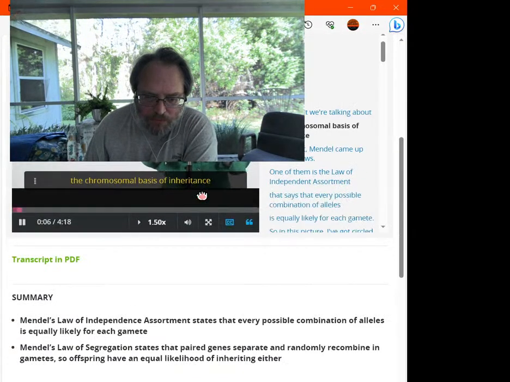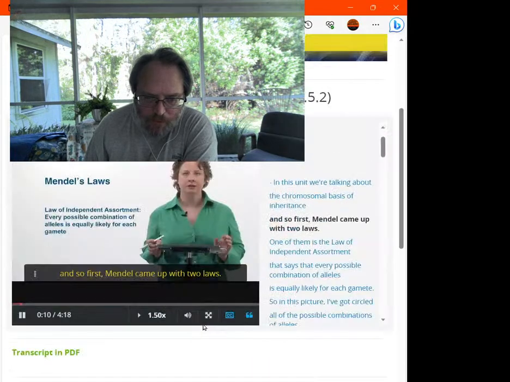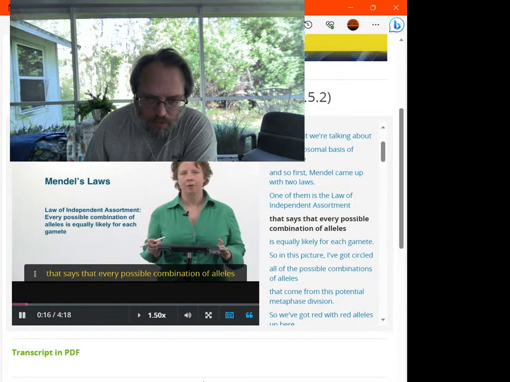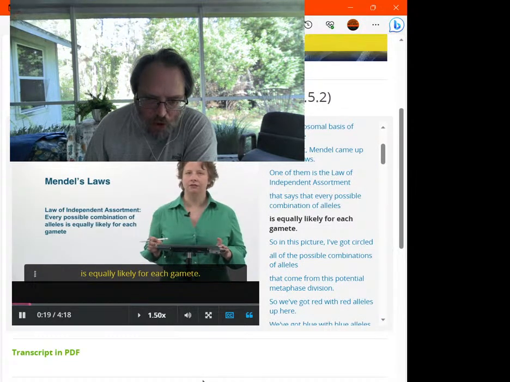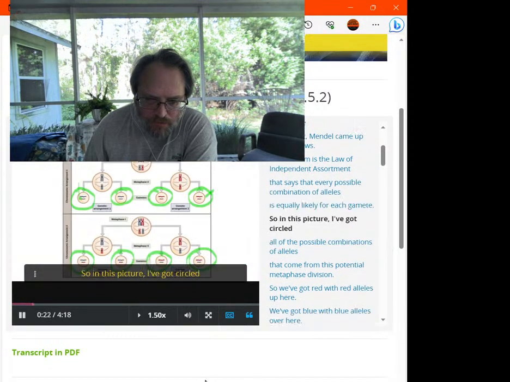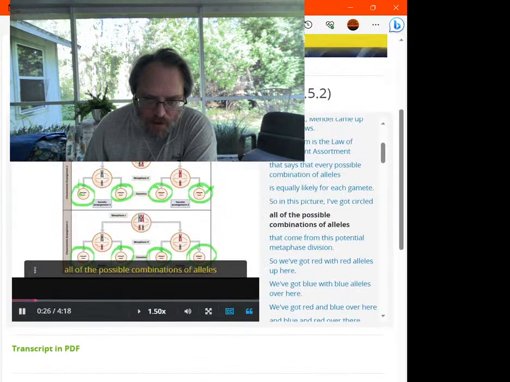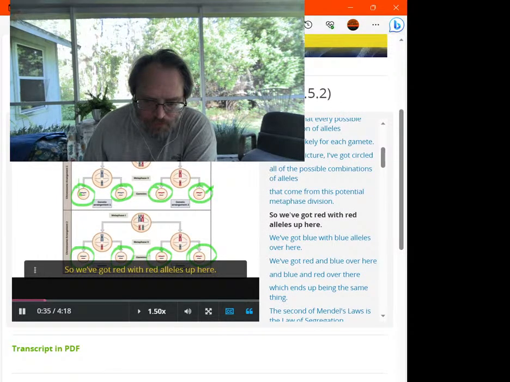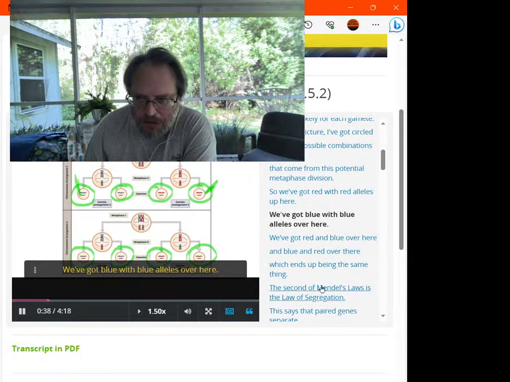In this unit, we're talking about the chromosomal basis of inheritance. And so first, Mendel came up with two laws. One of them is the law of independent assortment that says that every possible combination of alleles is equally likely for each gamete. So in this picture, I've got circled all of the possible combinations of alleles that could come from this potential metaphase division. So we've got red with red alleles up here. We've got blue with blue alleles over here.